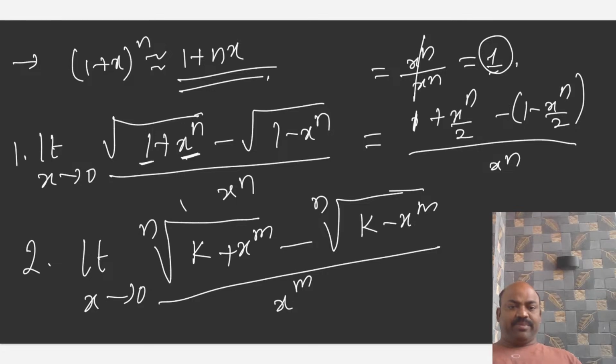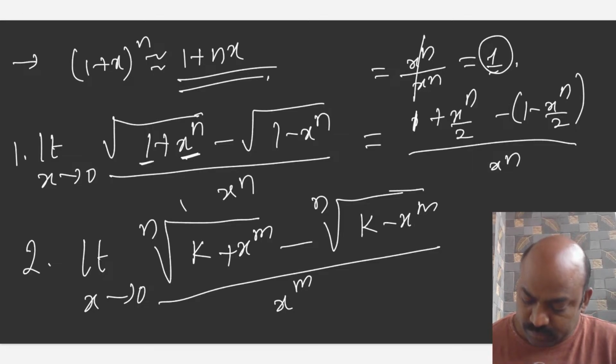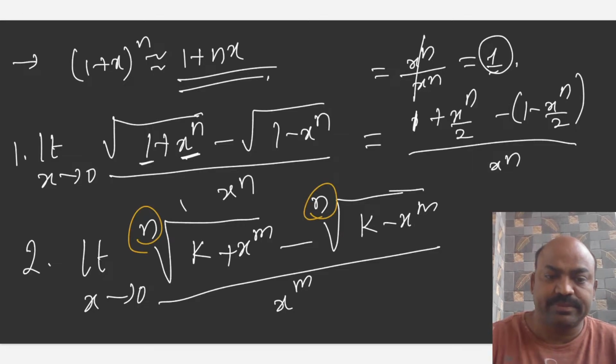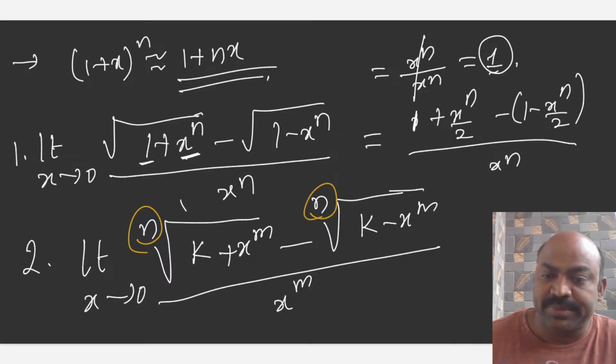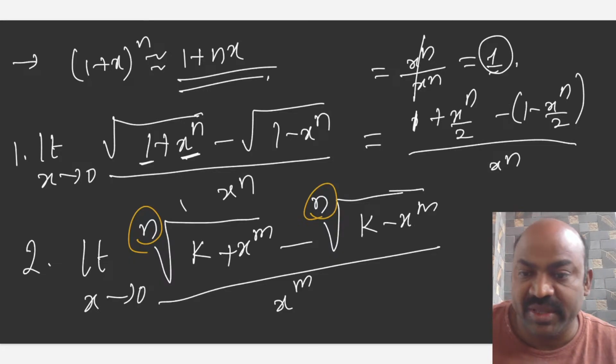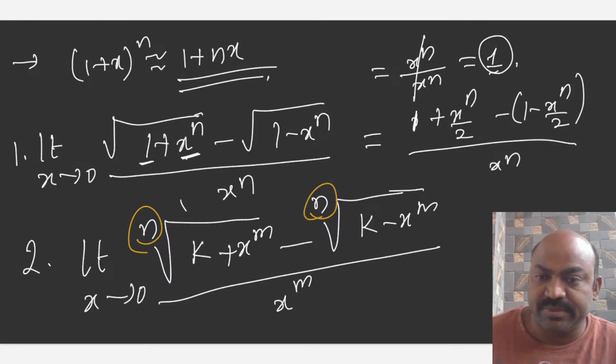The good thing here is, don't look at that x power m, just look at power n. Only look at power n. Is the voice clear? Vinutna, Advait, Anvita, Avanish, just check it.